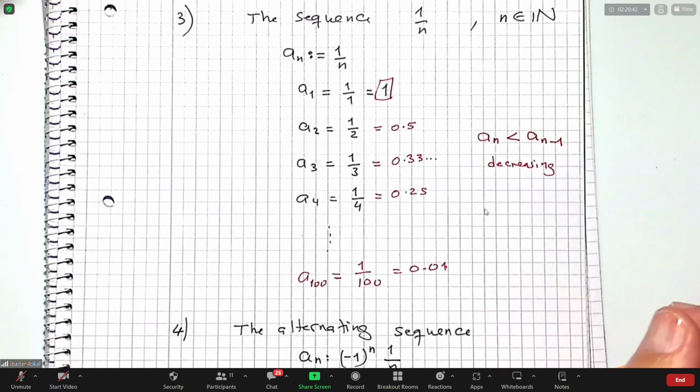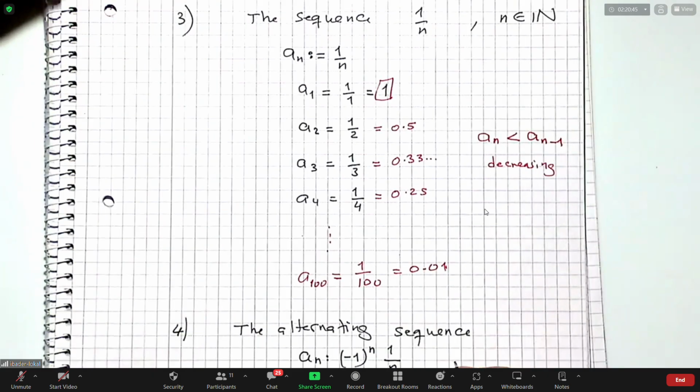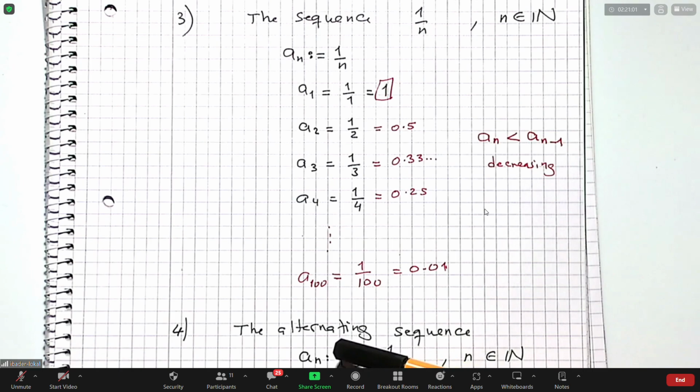Okay. Now of course here n is a natural number. This term -1 to the power n will cause the following. If n is odd, then you have -1 to the power odd, so it will be -1. So this generates the sign of the term.